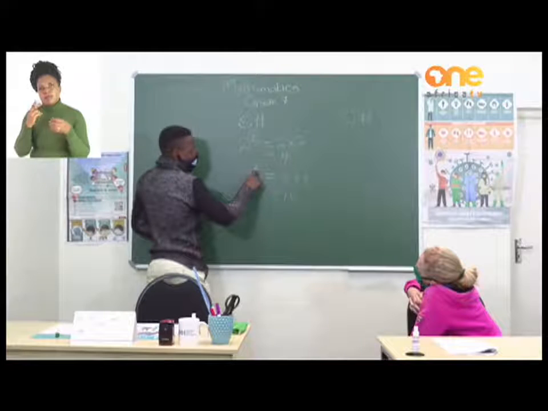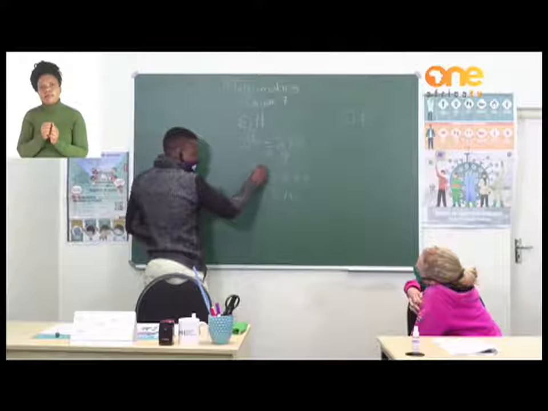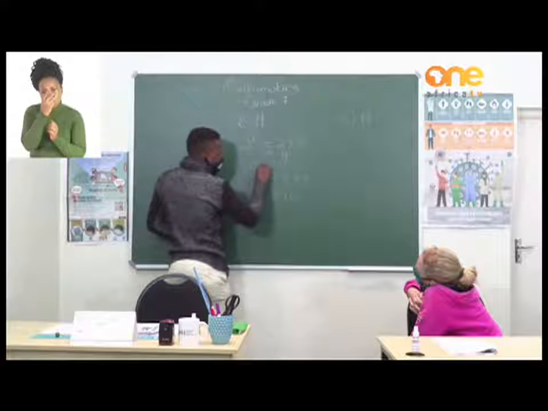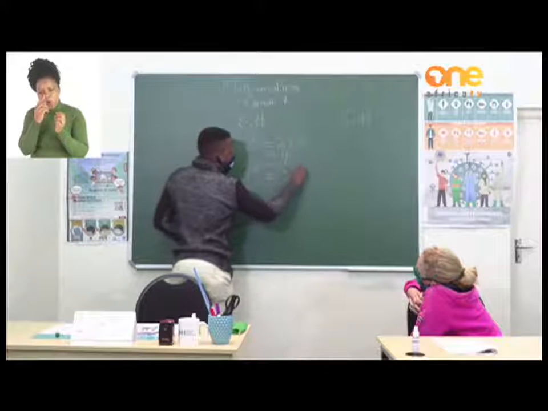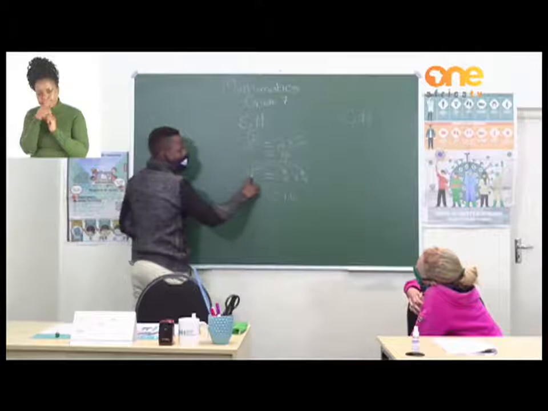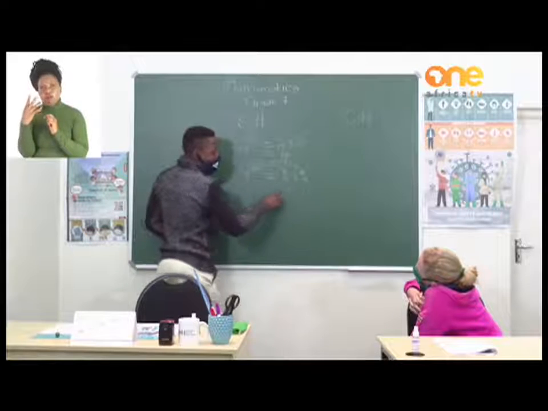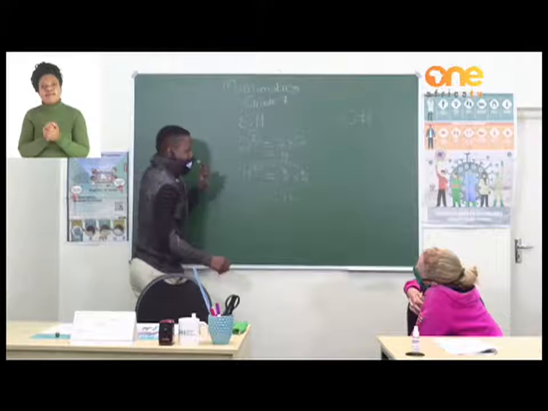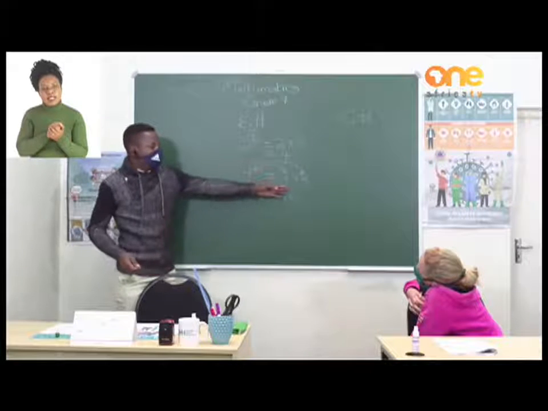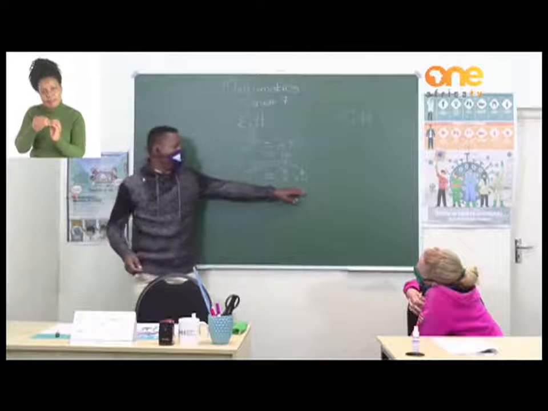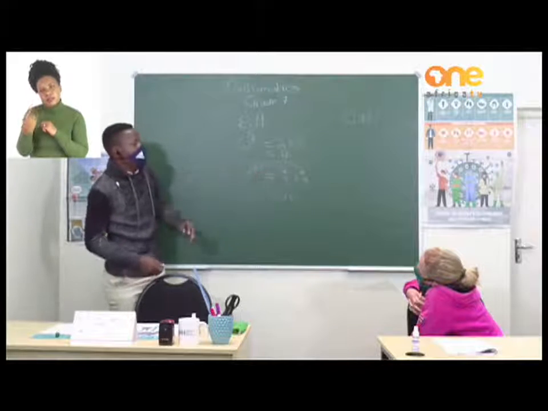So this 2 here shows you that you have 4 two times, given that we have to multiply. So it's a number multiplied by itself. That number has to appear twice. That's why we have a power 2 here.